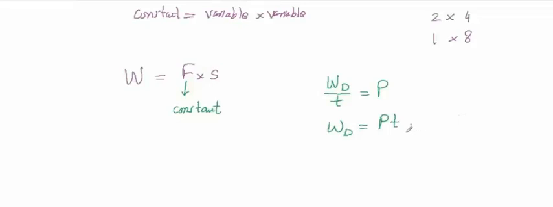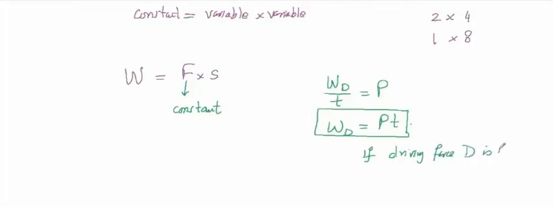Okay, so this formula will be used if the driving force is not constant. This is very important, because in the past papers we see such situations where they will check the ability of the students, whether they have this concept or not.